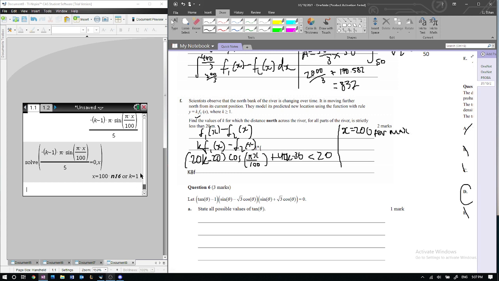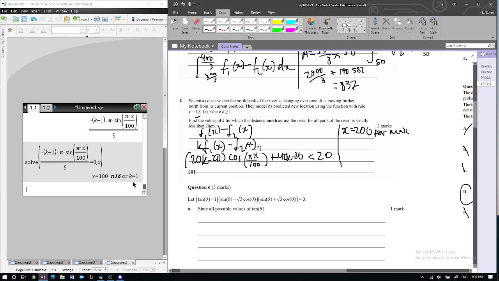If I sub 200 into my equation here, I'll end up with 20k minus 20 times 1, because cos 2 pi is just 1, plus 40k minus 30. So you end up with 20k minus 20 plus 40k minus 30, and all of that is less than 20.